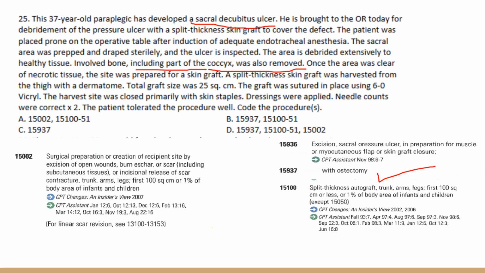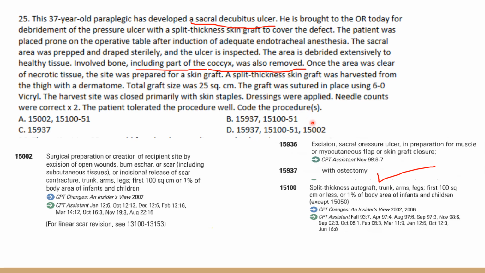Okay, where is the sacral ulcer? At the back. I just taught you that, and that's why we will require this code 15100. That is a very important code that we will require, and it is covering how much area? First 100 square centimeters. What is our area? It is 25 square centimeters. So we will require this code.